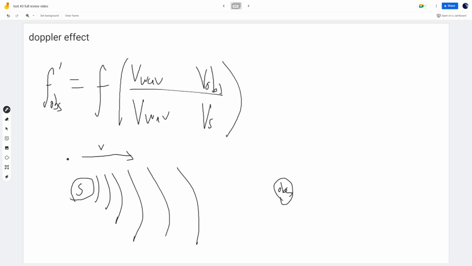So basically, if it's going this way, the frequency the observer observes is going to be greater, because if we think about it again, even if this isn't moving, the velocity is going to be greater if this person is moving while also talking or emitting a sound. And because velocity is equal to wavelength times frequency, that means the frequency that this person has will also be greater. So that means we need to make this frequency value bigger.